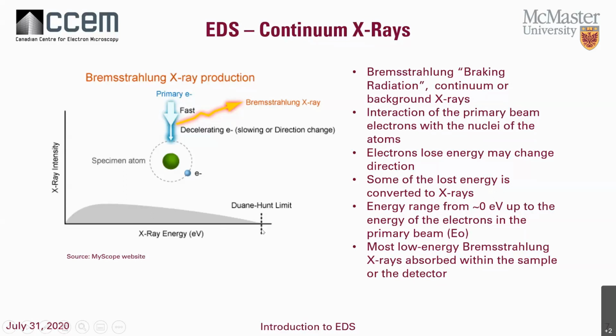So if we're doing 15 kV, that's our Duane-Hunt limit for the X-rays produced. One problem we have is that the very low energy background X-rays tend to be absorbed within the sample or within the detector itself, so we don't see them as much.